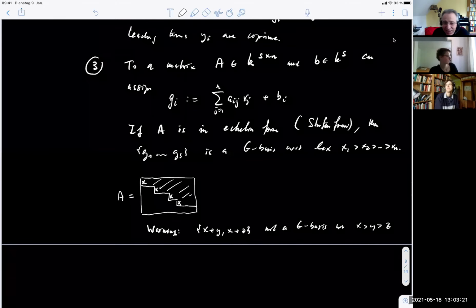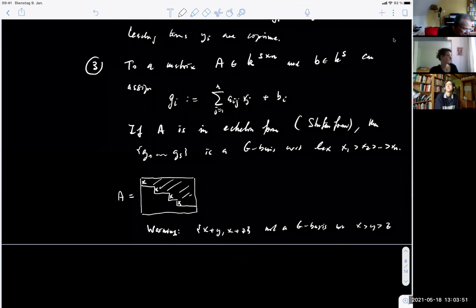In German you would say it's not an Allerweltsheilmittel. Even if we will see many problems that we can solve in principle using Gröbner bases, when you actually want to do it in practice, you may get stuck. This is very unlike linear algebra, where you can get very far with Gaussian elimination properly implemented or with proper pivoting. Here the situation is much harder. It's non-linear algebra.